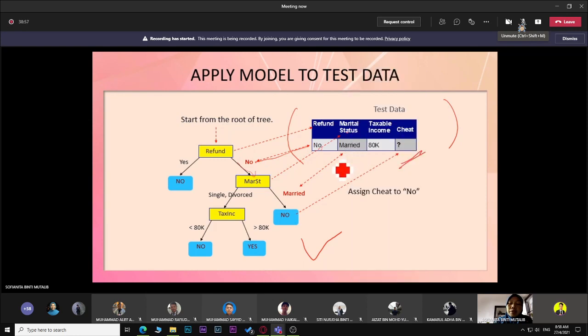Marital status equals married, so it goes to this route. Then you have other attributes, but if you look at the model, it can already decide, based on these attributes, that the sample can be categorized as no. So the algorithm will assign the record to cheat: no. Okay, so this is very easy.